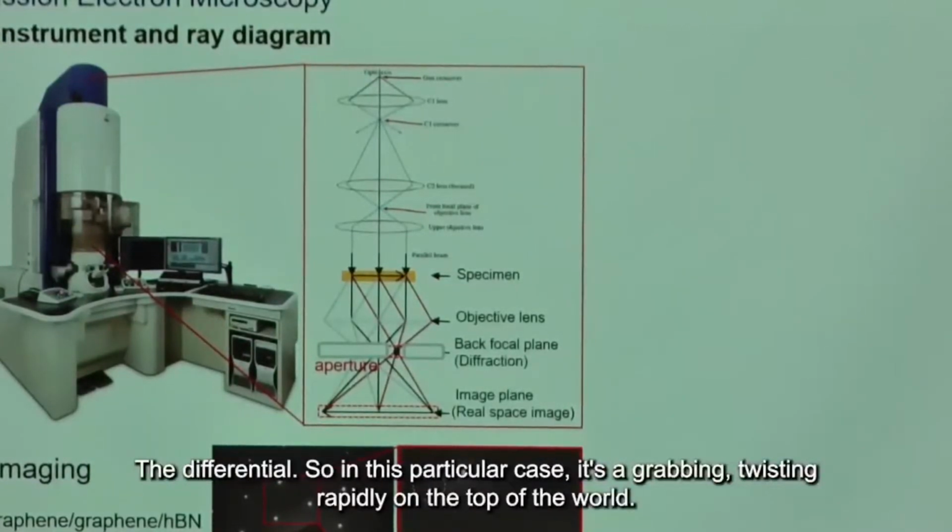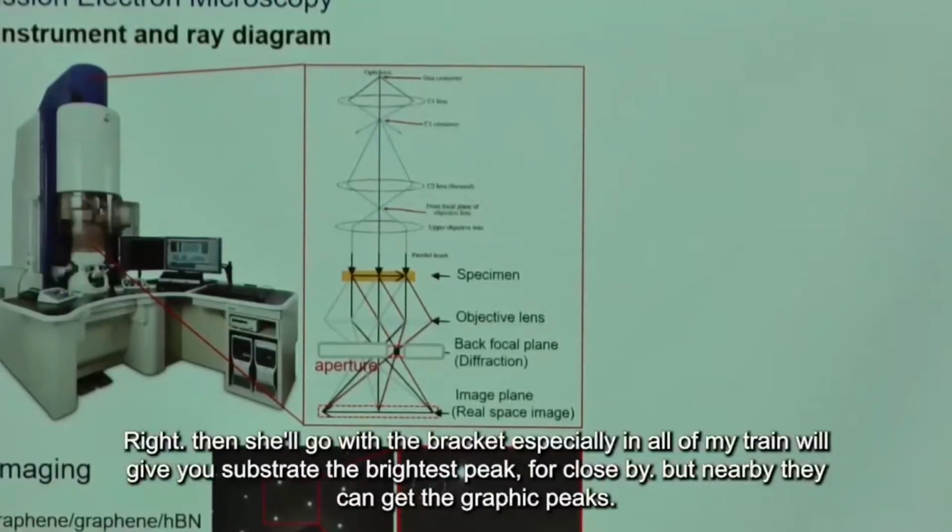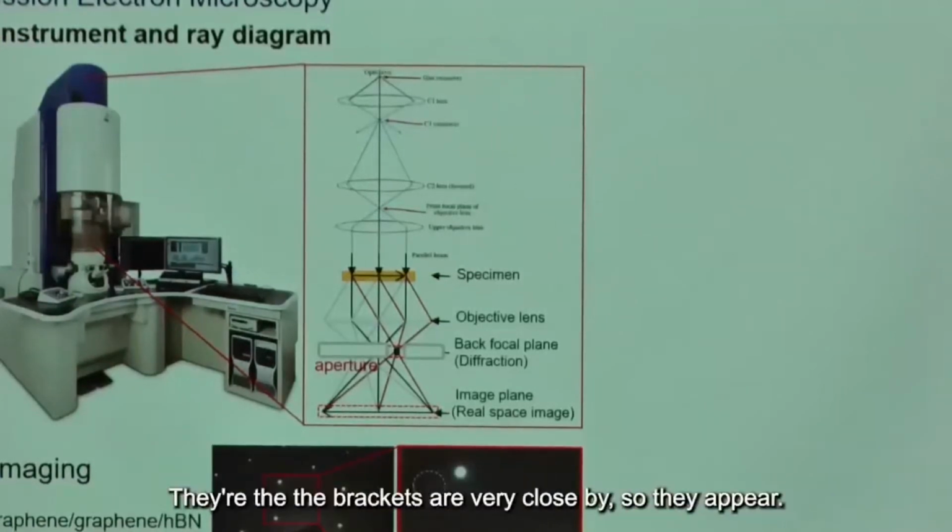So in this particular case, it's twisted graphene on top of boron nitride. They showed all the Bragg peaks. Especially boron nitride, the substrate, will give you the brightest peak, but nearby, you can get the graphene peaks. If these two graphene lattices have a small twist angle between them, for example, the Bragg peaks are very close by, so they appear almost as one peak there.